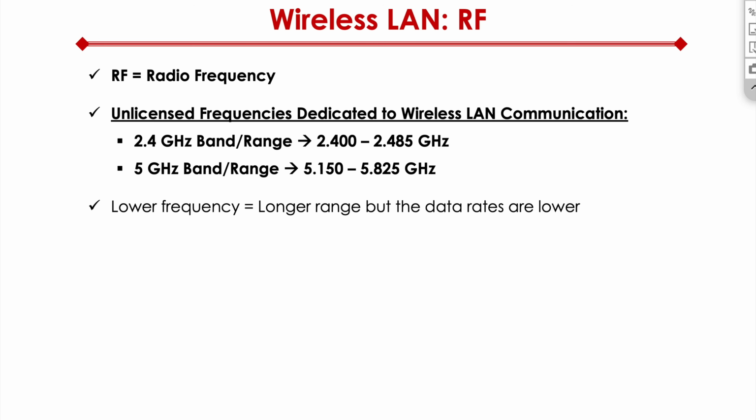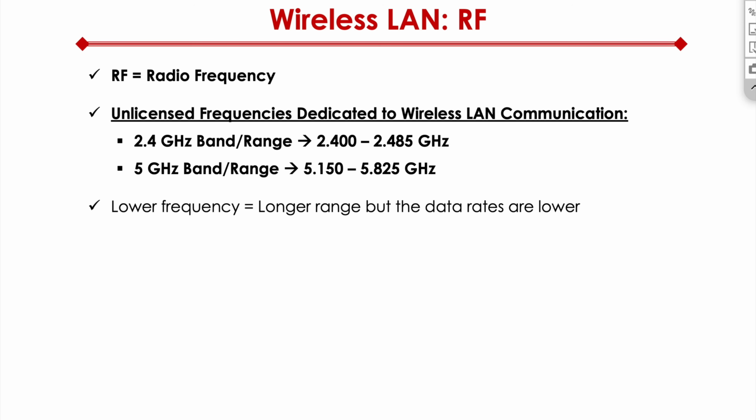Lower frequency translates to longer range, but the data rates are lower. For example, the 2.4 gigahertz frequency has a longer range, but the data rate drops because it extends the signal.